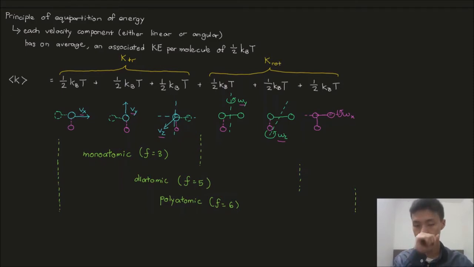You unlock 2 rotational axes for a diatomic molecule, and one more for a polyatomic gas molecule. So on average, depending on what type of gas molecule you are, you get a different amount of kinetic energy.